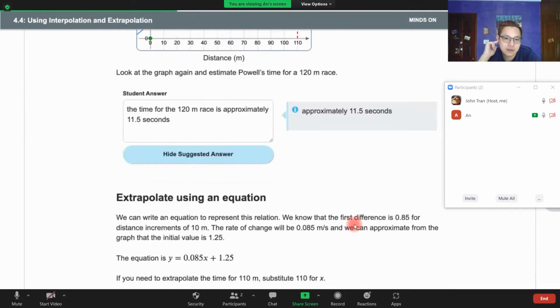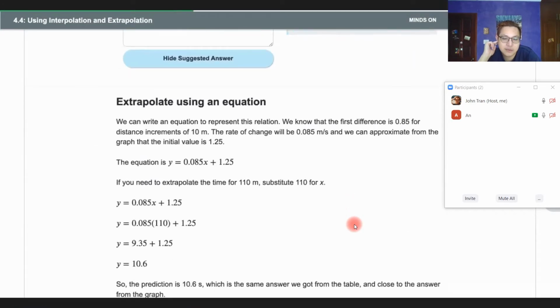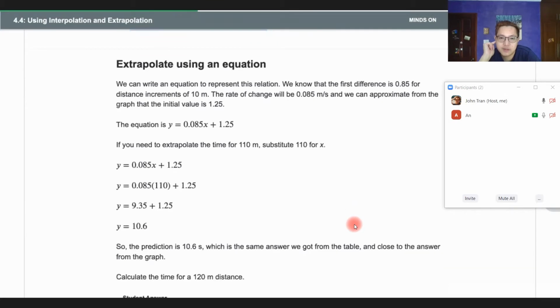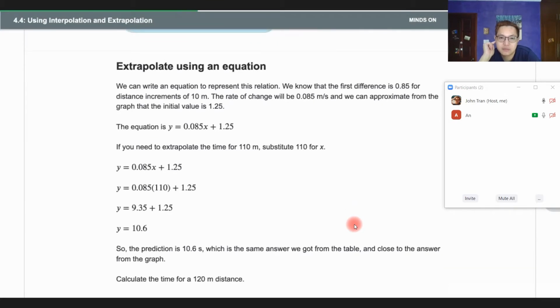And for the rate of change, 0.85 for a distance increment of 10 meters, you divide by 10, so you get 0.085 meters per second.